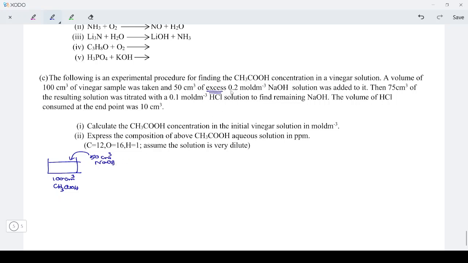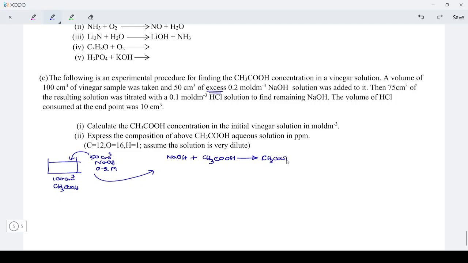That means you have sodium hydroxide enough to completely react with acetic acid, and the concentration of that is 0.2. Okay, and then there's a reaction happening. Acetic acid is completely reacting with sodium hydroxide. Some sodium hydroxide will remain, okay, as it is telling.